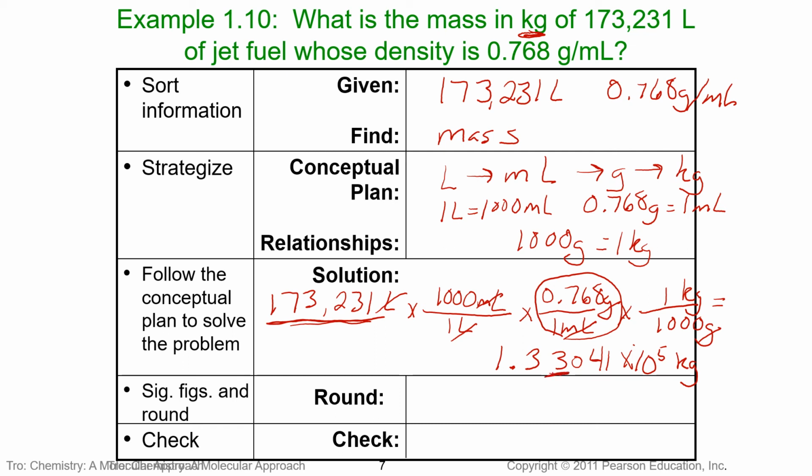Because it's a measured value, we have to round our answer to 3 significant figures. Our units make sense: we're in kilograms. We would expect a very large value because our volume is very large, and so this makes sense as an answer.